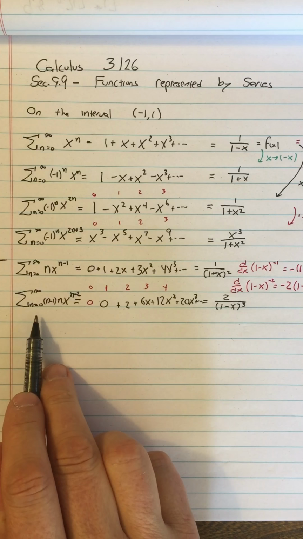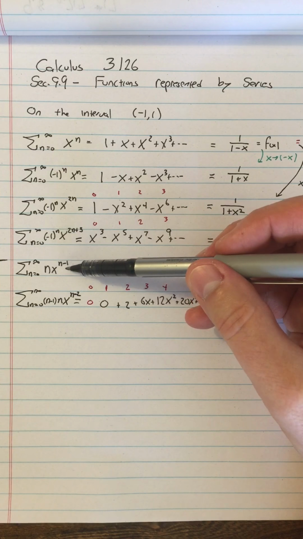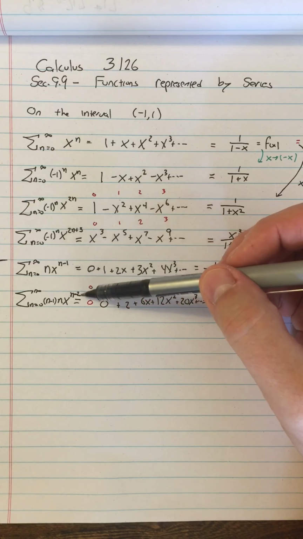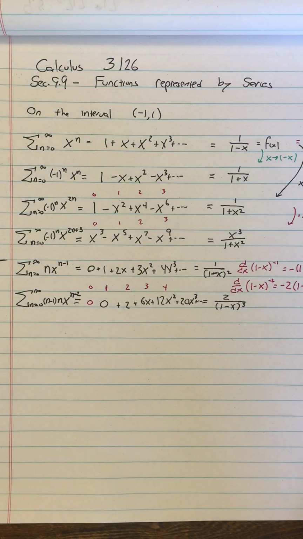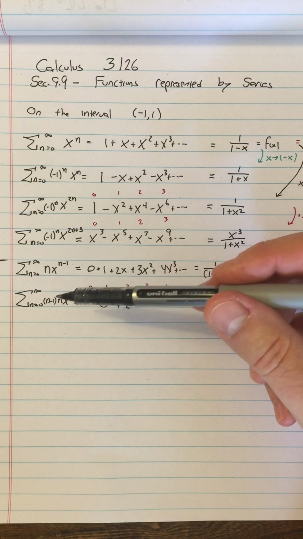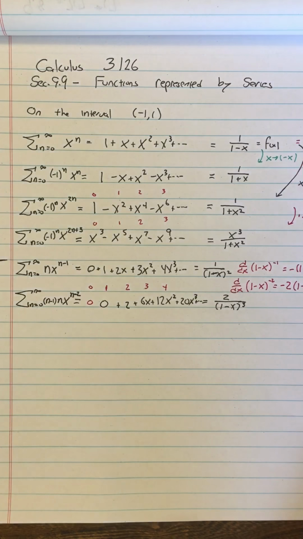I liked doing it this way with n equals 0 to infinity because you can also see that if I do the derivative of this function, I would do n minus 1 times n, just using the power rule, drop the exponent by 1 and have n minus 2. But you can change it around. You can do a sum n equals 1 to infinity of n times n plus 1, x to the n minus 1. There are lots of ways you can manipulate this.